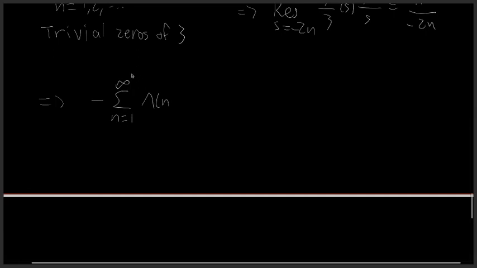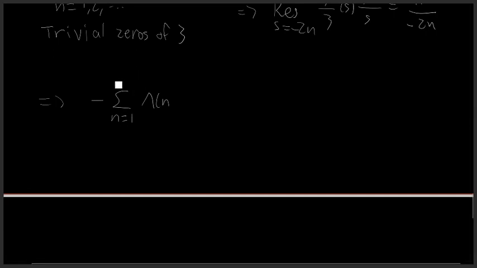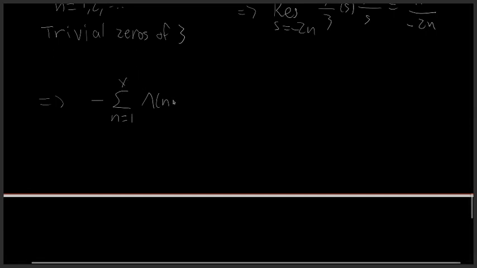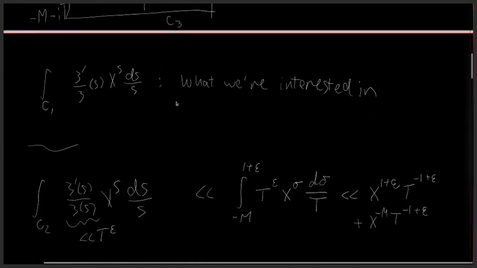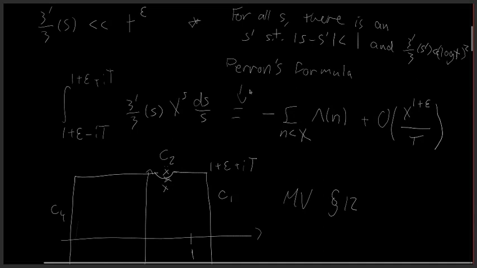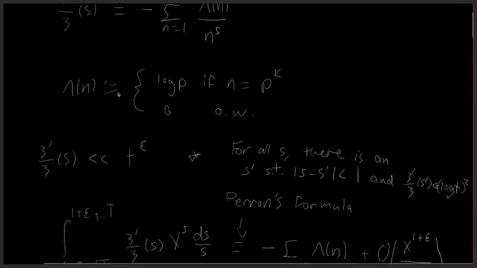So we end up just getting that the main term of Perron's formula, which was this. Oh, sorry. Right, so it was what we wrote right here, where capital lambda is the von Mangoldt function.